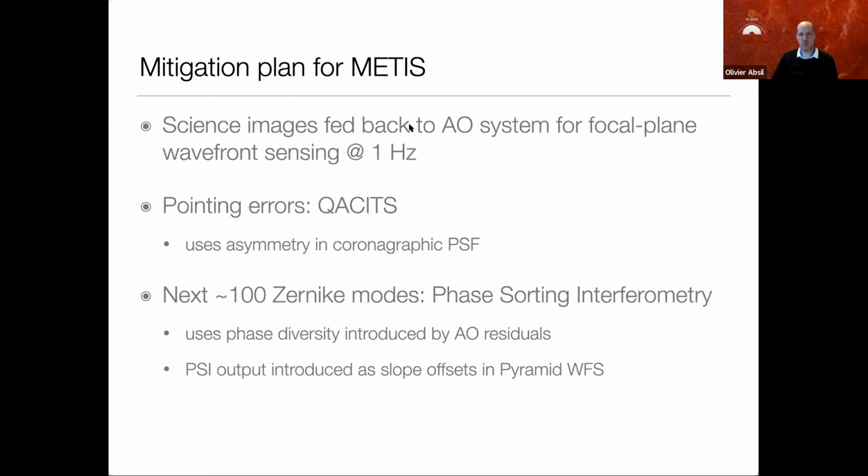So the science images will be fed back to the AO system for focal plane wavefront sensing at a frequency of typically 1 Hertz. And we'll be using 2 algorithms, one for the pointing errors, another one for the higher order modes, up to about 100 Zernike modes, which give us a well-corrected zone of about 5 lambda over D around the center.